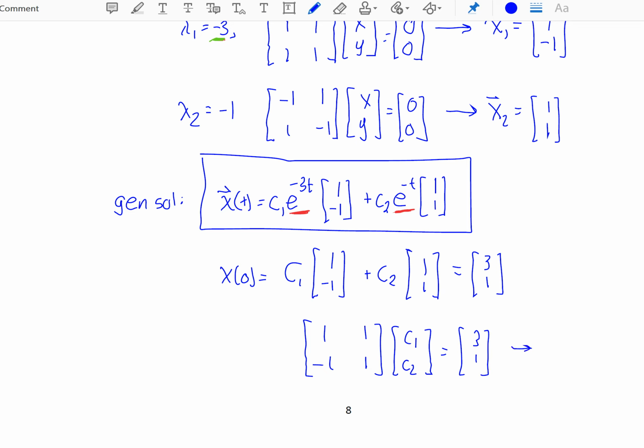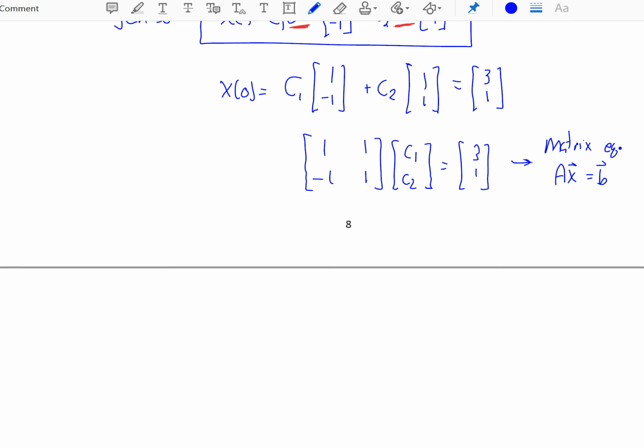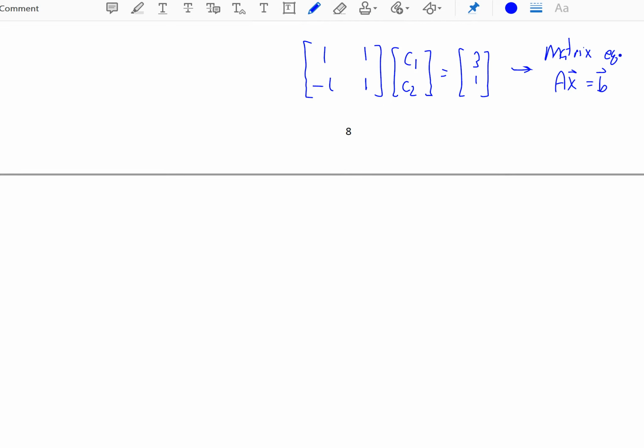And again, what I'd like you to know is that this looks like a matrix equation of the form AX equals B. And we get to use any of our techniques from chapter 3 to solve this. However, I'm going to continue to use the augmented matrix approach. It seems to be the quickest for me. So let's write our augmented matrix.